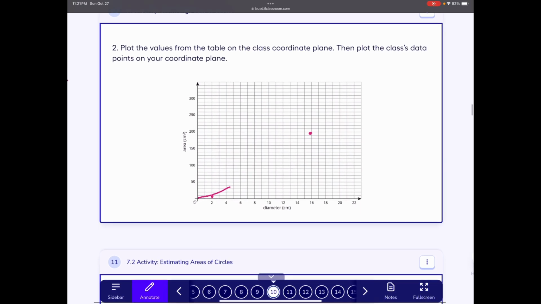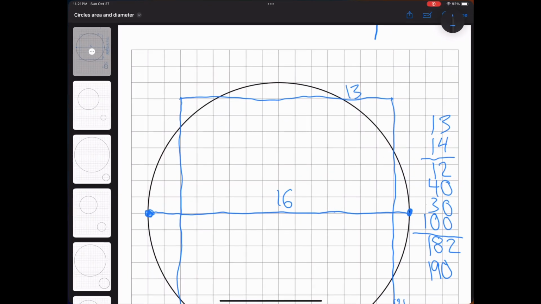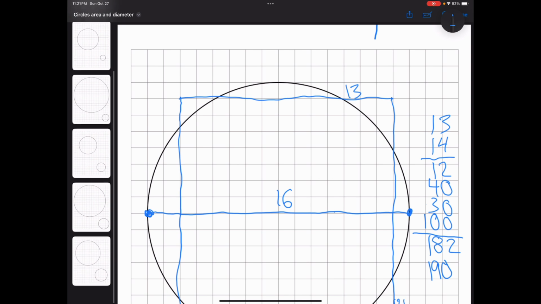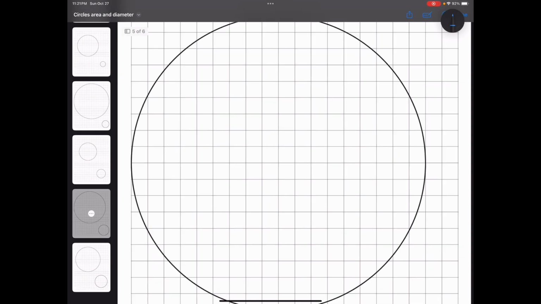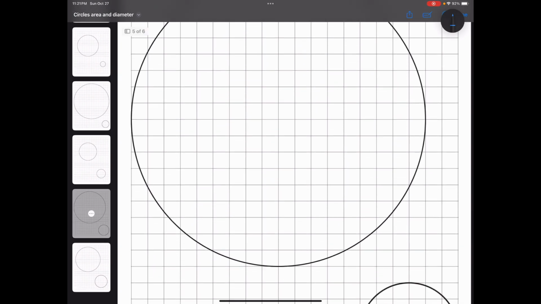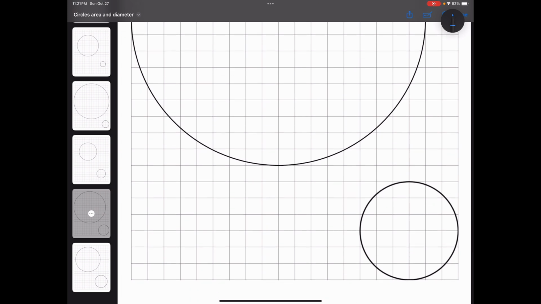Let's do another smaller circle. Let's do a circle that's smaller than the larger one, but a little bigger than the one we did. So let's do this one. Okay, so the diameter on this is 1, 2, 3, 4, 5, 6. And for the area, let's just draw this rectangle right here, which might be a square. 1, 2, 3, 4, 5, 6.